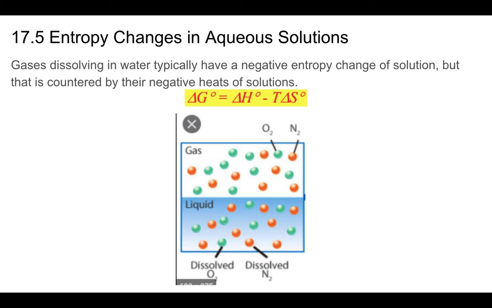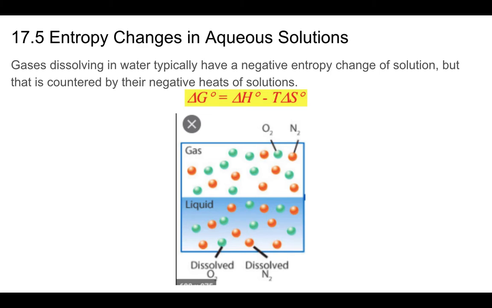So typically gases dissolving in water have negative delta H's, but at the same time, they're going to have negative entropy changes because they're going from free gases spread out to being crowded in with water molecules, and that's going to tend to lower their entropy. So in that case, where we could analyze the signs, negative delta H, well, that's good.